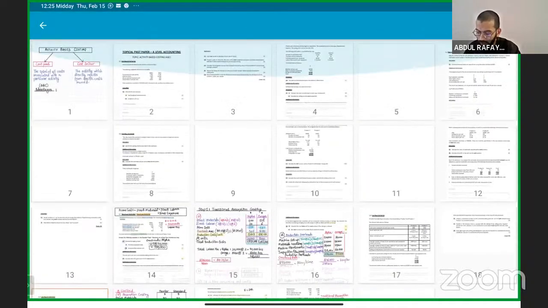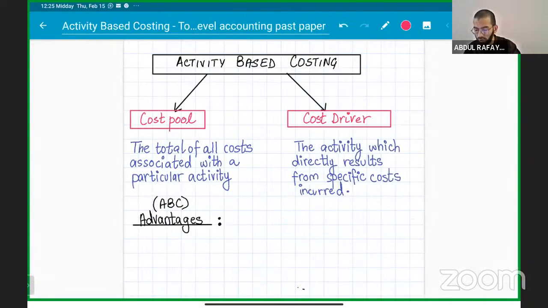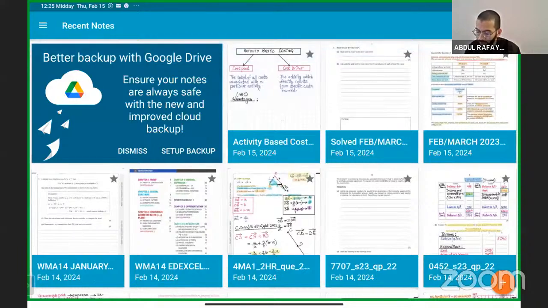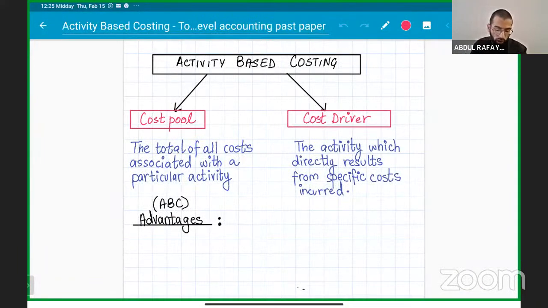Before that, let me give you an idea as well, although you must have read this. What you need to understand is what a cost pool is and what a cost driver is. Just go through the definition I've written here. The cost pool is the total of all the costs associated with a particular activity, and the cost driver is the activity which directly results in specific costs being incurred.